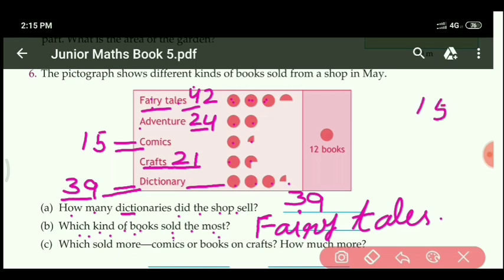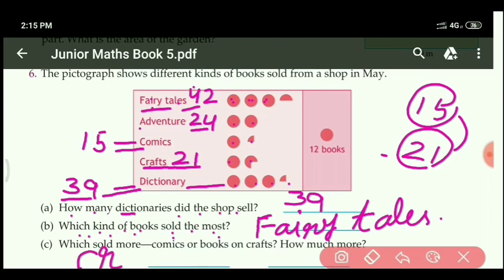And craft book, how many are coming? 21. Which one is greater? 21 is greater than 15. So which one sold more? It is craft book. So the answer is craft only.